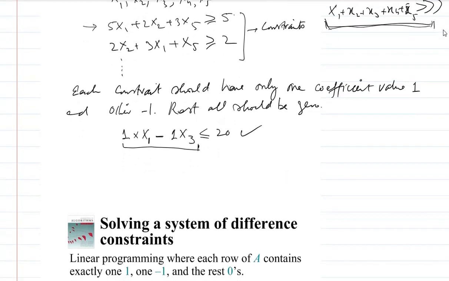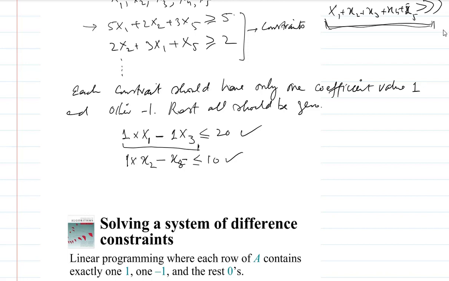Similarly, I can write 1 multiplied by x2 minus x5 less than or equal to 10. Now this is also an instance of a system of difference constraints.